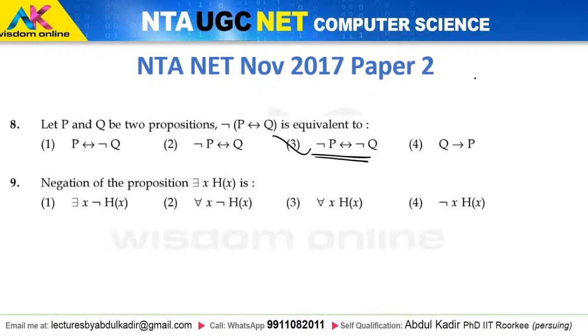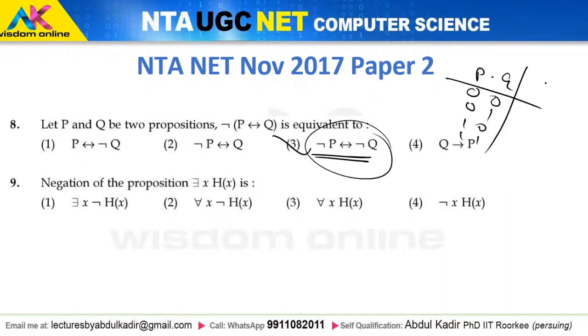You can see from the truth table also. For example, if you make the truth table for P Q, 00 01 10 11, and then make the truth table for this, what will you get?